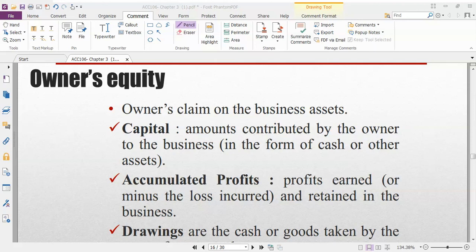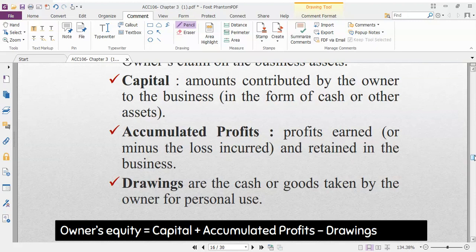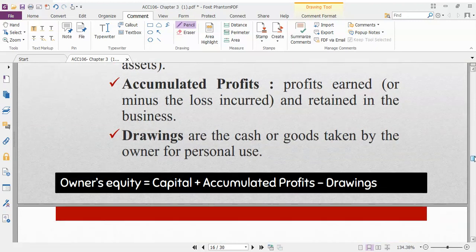Okay, can you please read the sentence about honest equity? Okay.